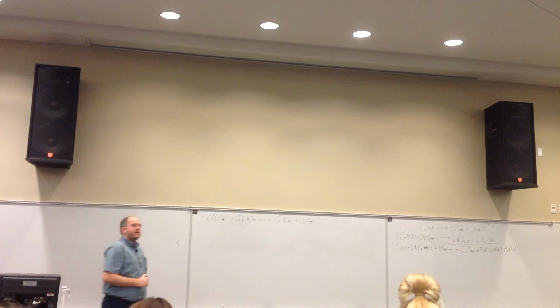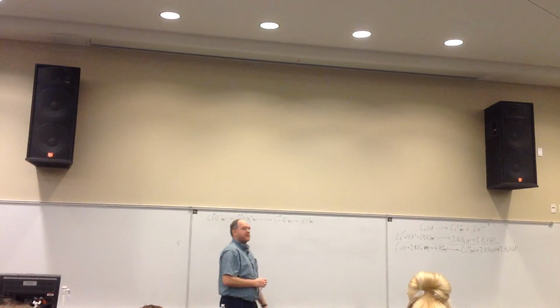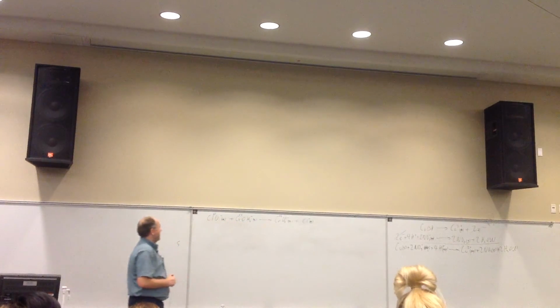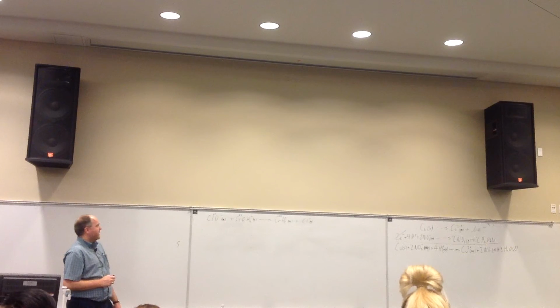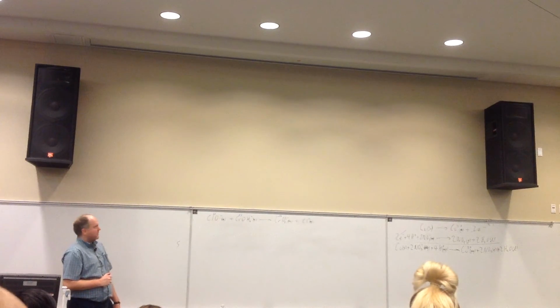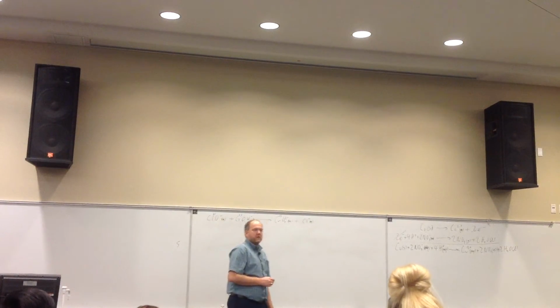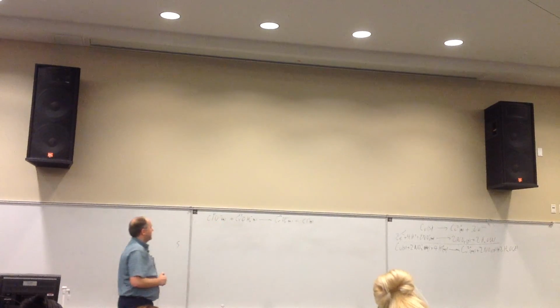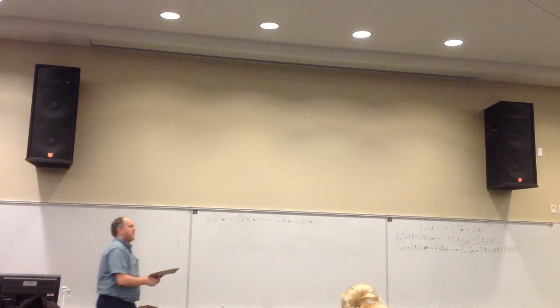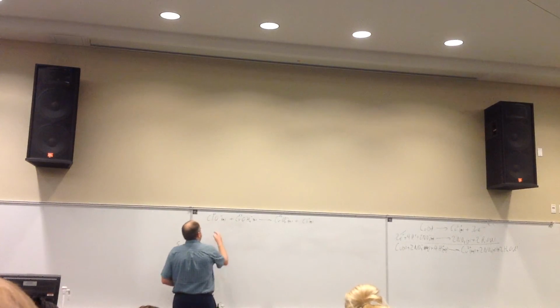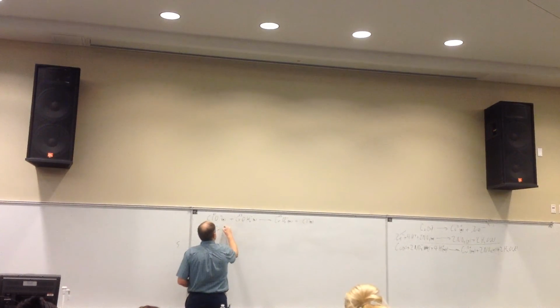Okay, so what is being oxidized? Our choices are chlorine, chromium, oxygen, or hydrogen. What's being oxidized? What's losing electrons? Chromium. So my oxidation half reaction is going to be Cr(OH)4 minus.